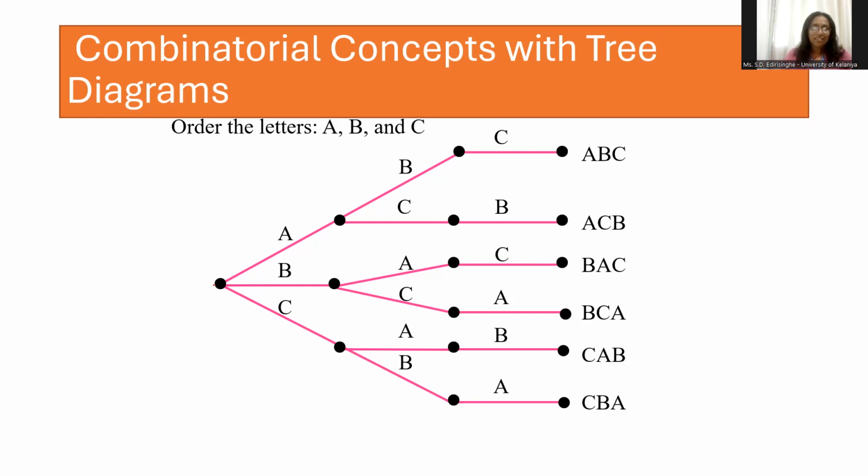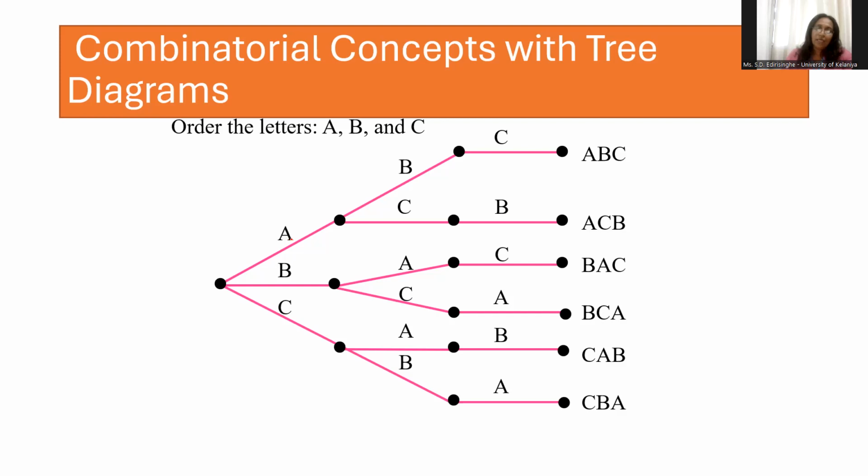Now you can see this is A, B, C. There are three letters. So again, A has divided into two as B and C. B has divided into two as A and C, and C has divided into two as A, B. Likewise, again we can think about the case B, and again I can divide it into C, so one branch ending with C here.